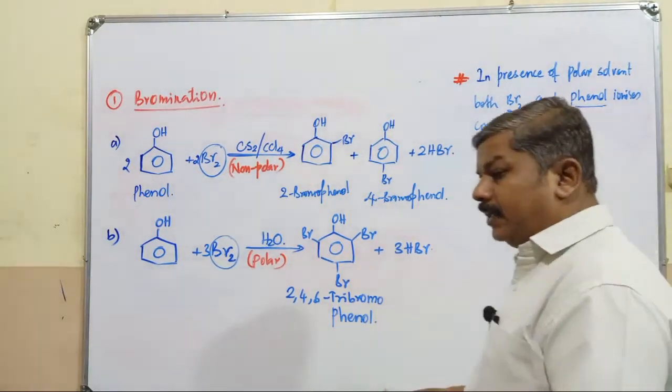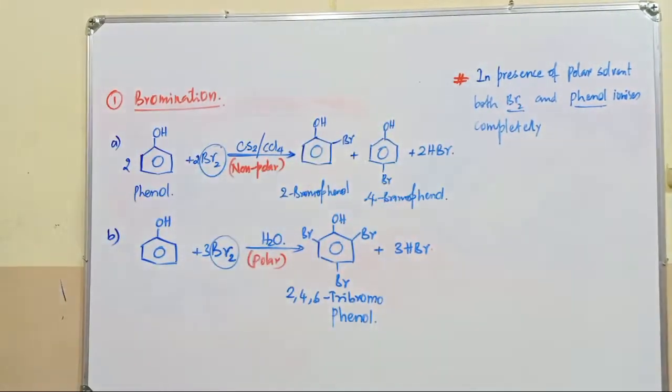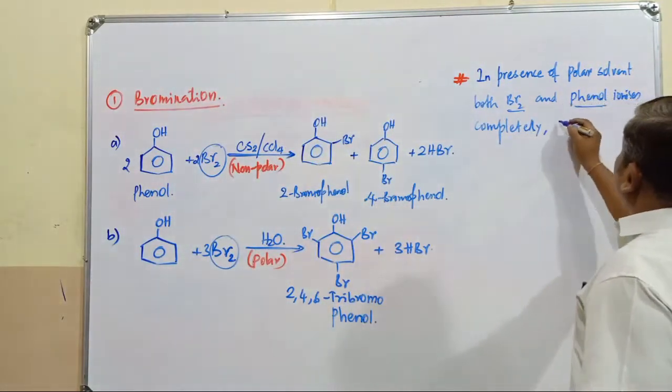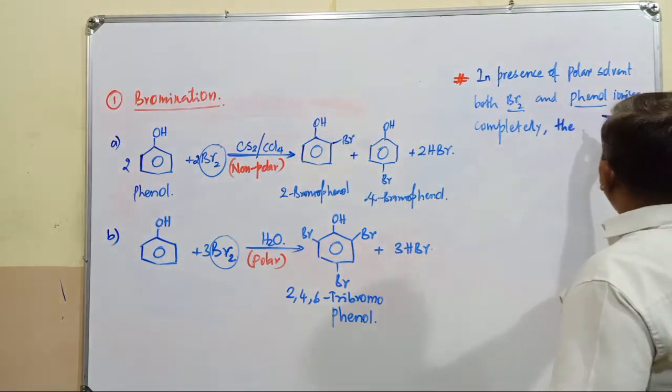Whenever the complete ionization of the phenol takes place, what happens here? When phenol and bromine ionize completely, then the phenoxide ion is produced.